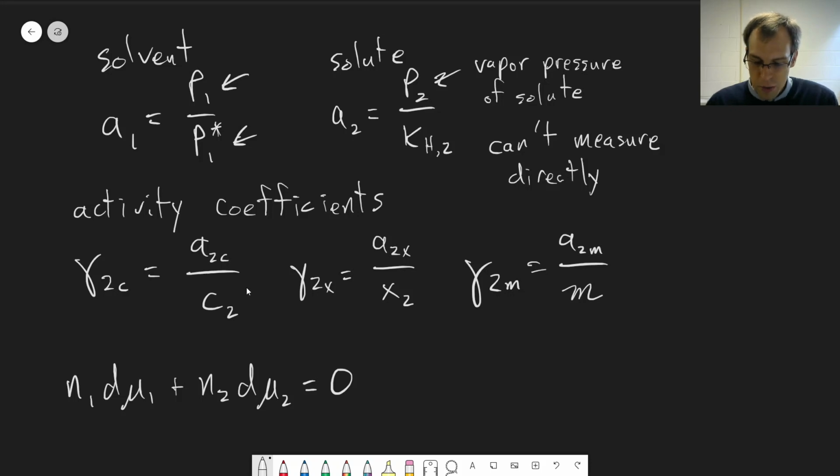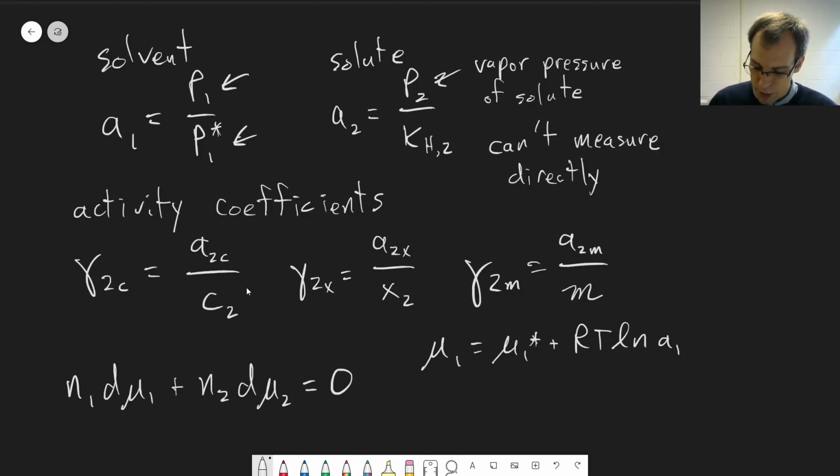If we use the equation for the chemical potential in terms of the activity, as a reminder, we have mu1 equals mu1 star plus RT log of the activity, either 1 or 2. That means that if we take d mu1, the first term is a constant, so you're just going to have a term that looks like d log A1.